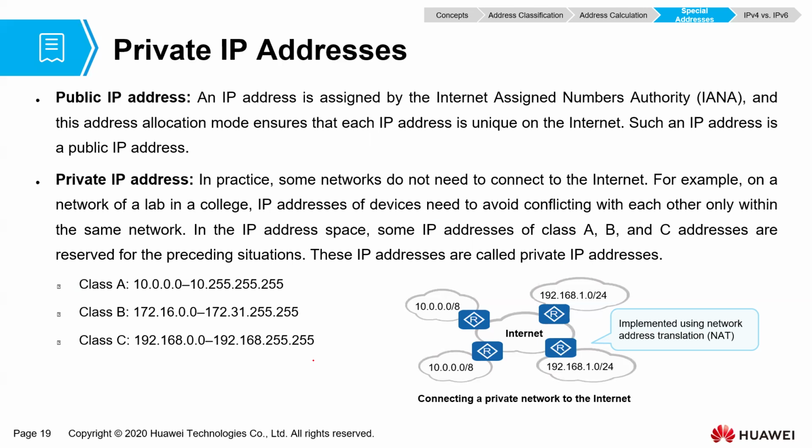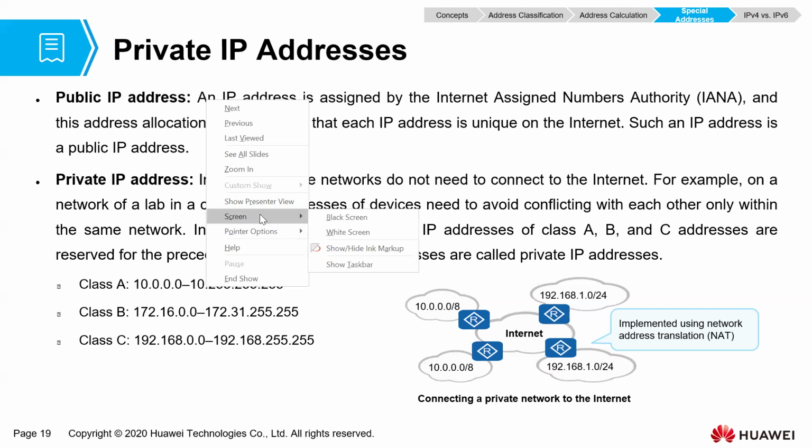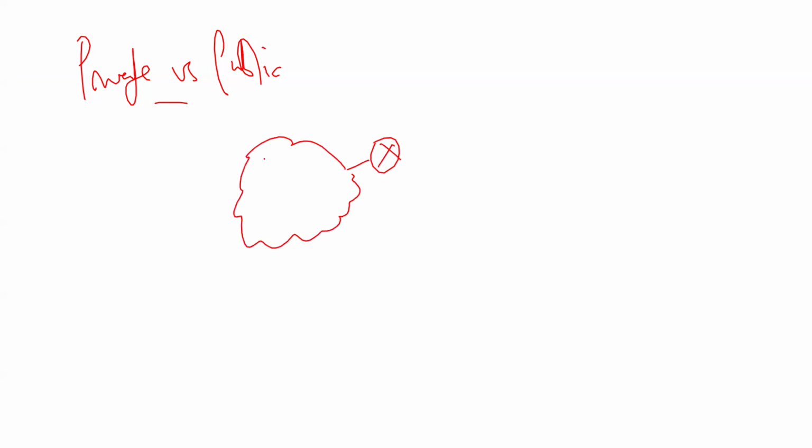Let me give an example to explain what a public IP address and a private IP address are. So, private versus public. Very important to understand this. If I have this, this is my local area network at home.